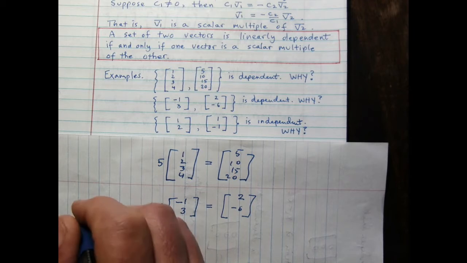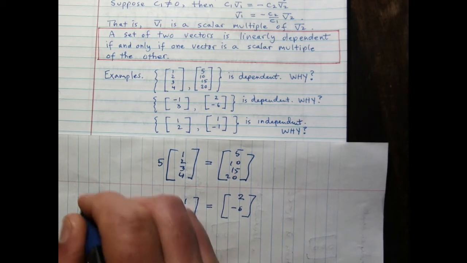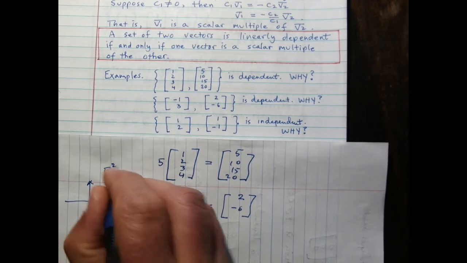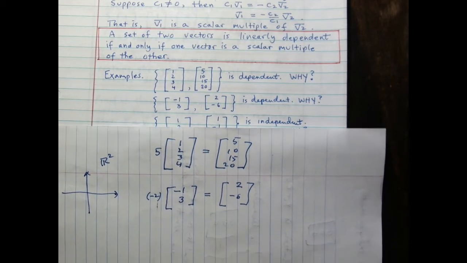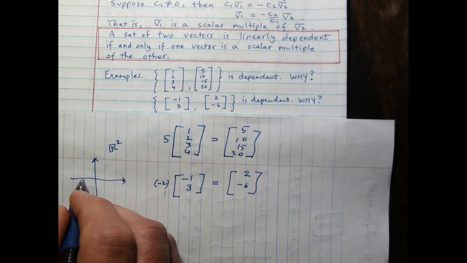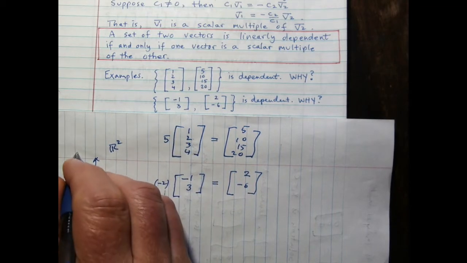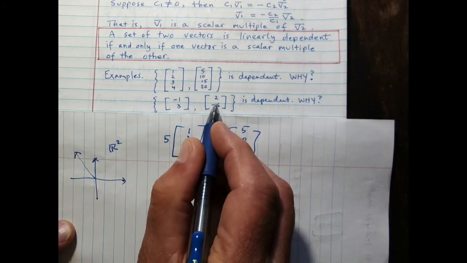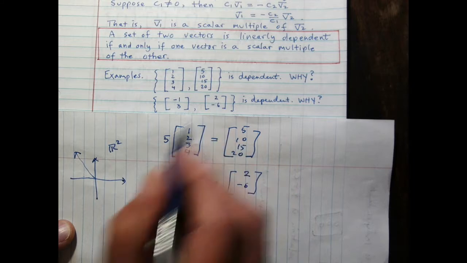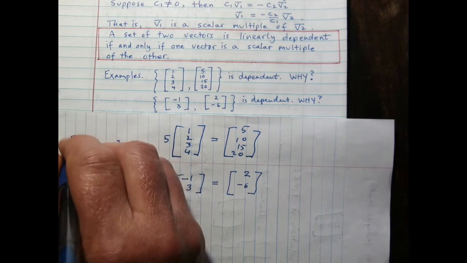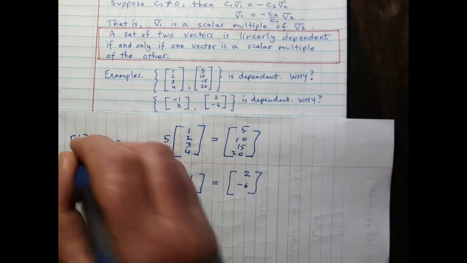I just want to draw a little picture here in R2 and think about these examples again. (-1, 3) is going to point up that way. (2, -6), 2 to the right, 6 down, is going to point down this way. So here's (-1, 3).